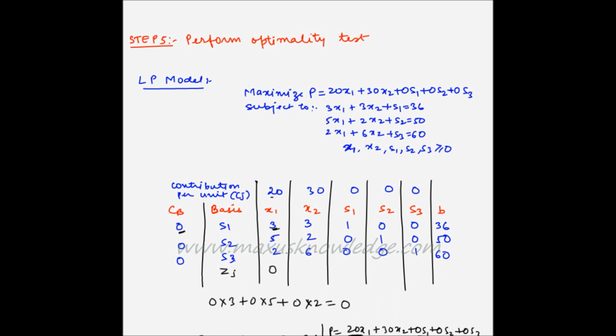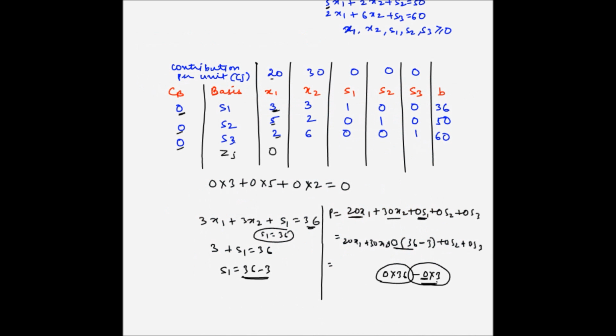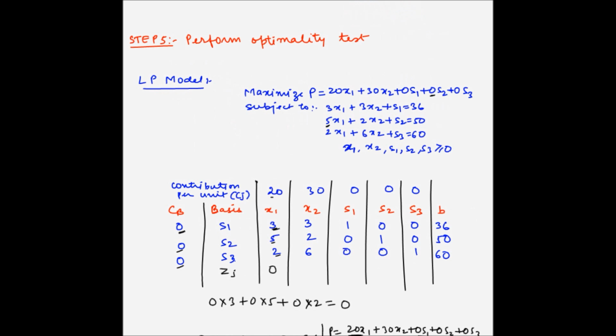Similarly, for the second constraint we'll have 0 from the coefficient of S2 in the objective function and 5 from the coefficient of x1 in the second constraint. So 0 multiplied by 5. Similarly 0 multiplied by 2, and when we add these we get 0. So this is the basic concept of what we are trying to do here.